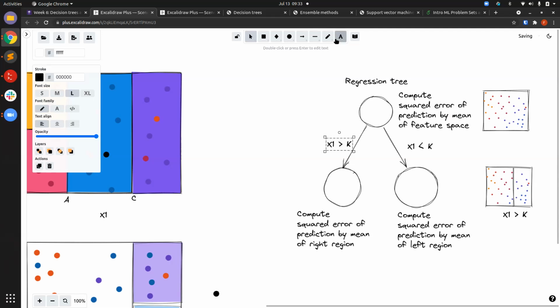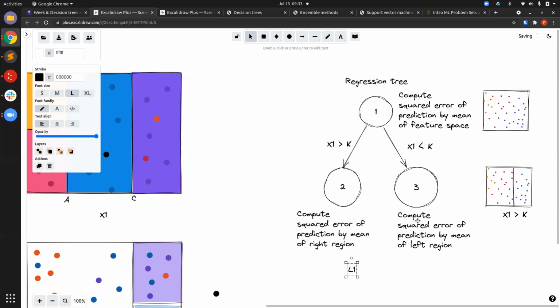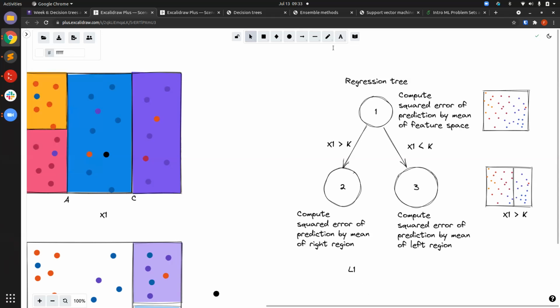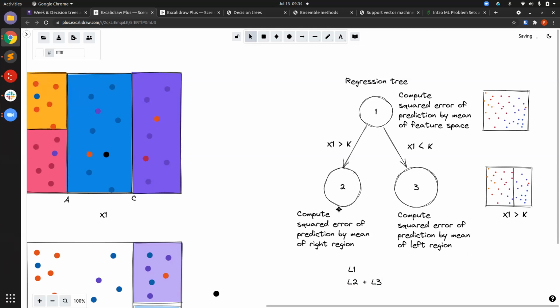We'll call them, let's say, L1, L2, and L3. So if I split on x1 greater than k, then my new overall loss is going to be L2 plus L3. My new overall loss will be the sum of the loss function at this node plus the loss function at that node.